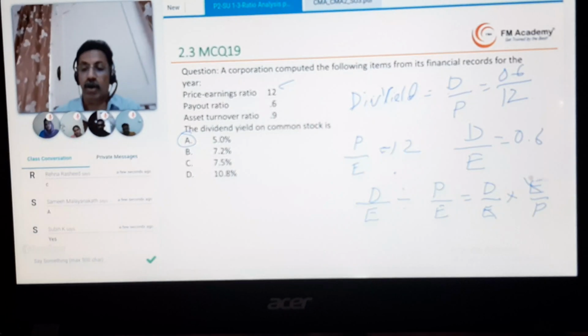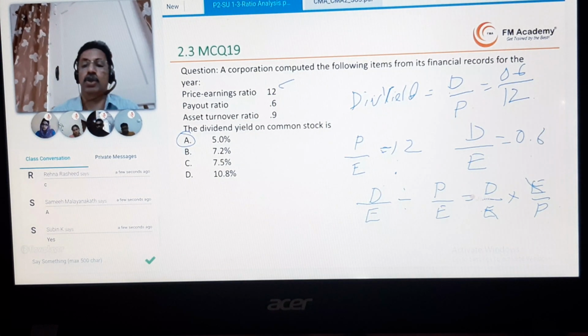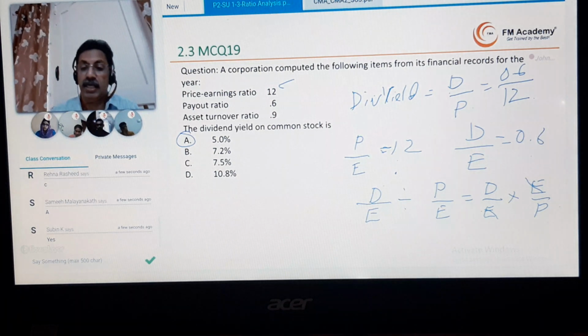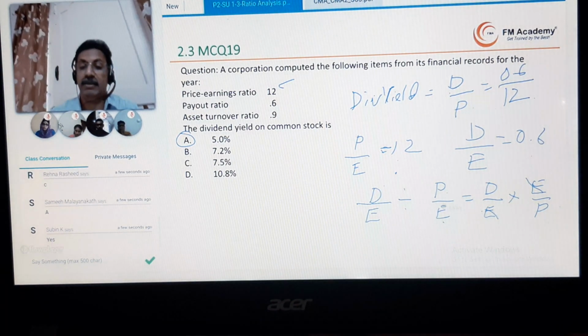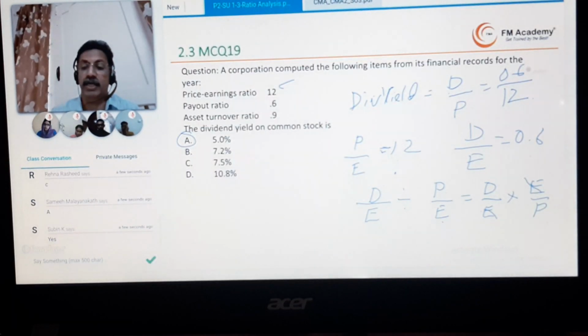So E is gone, D divided by P, you will get it. So you can just take D divided by E, which is 0.6, and P divided by E, which is 12. When you divide 0.6 by 12, you get the answer, 0.05, that is 5%.